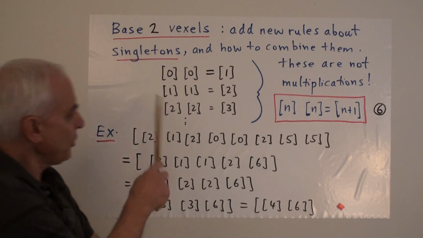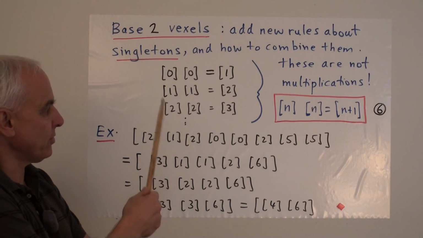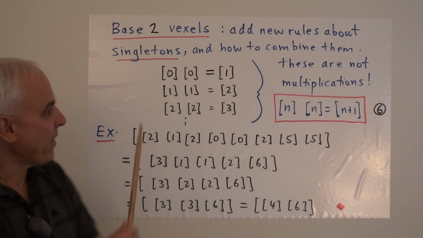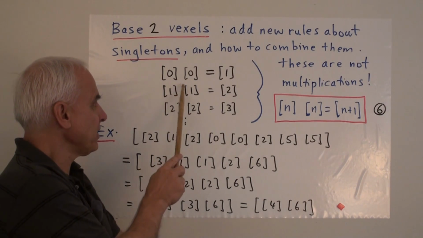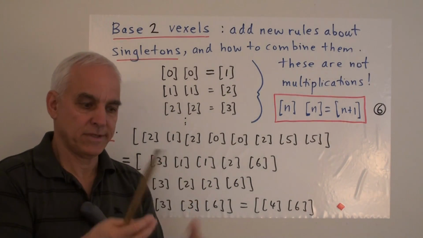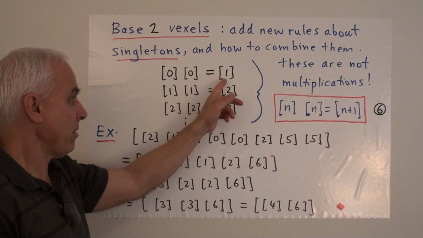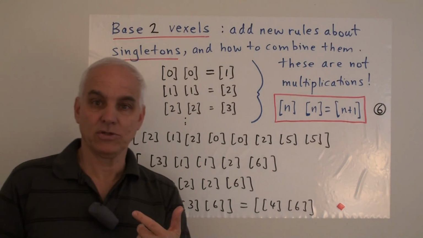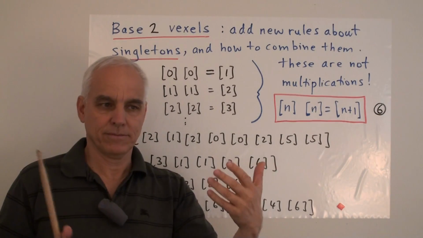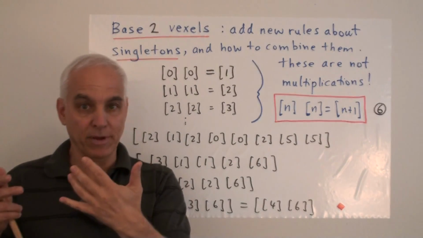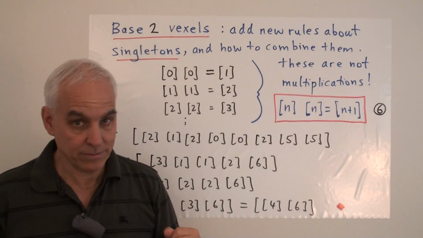And the new rules that we're going to add can be described this way. If we have a singleton 0 together with a singleton 0, they can be exchanged by a singleton 1. It's the kind of base 2 equivalent of 10 $1 bills equals 1 $10 bill.